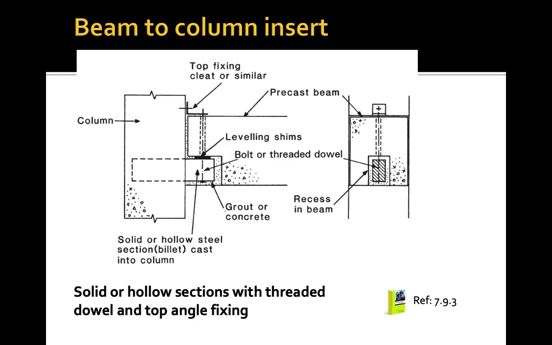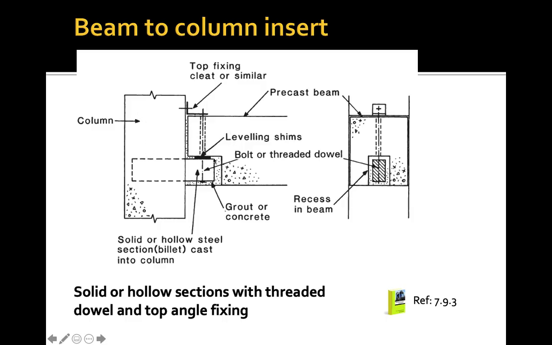The next one is a solid or hollow section, with threaded dowel or top angle fixing. As for this one, we have this dowel bar, and we have top fixing cleat, or similar. So we have this tension joint, then we have our column.